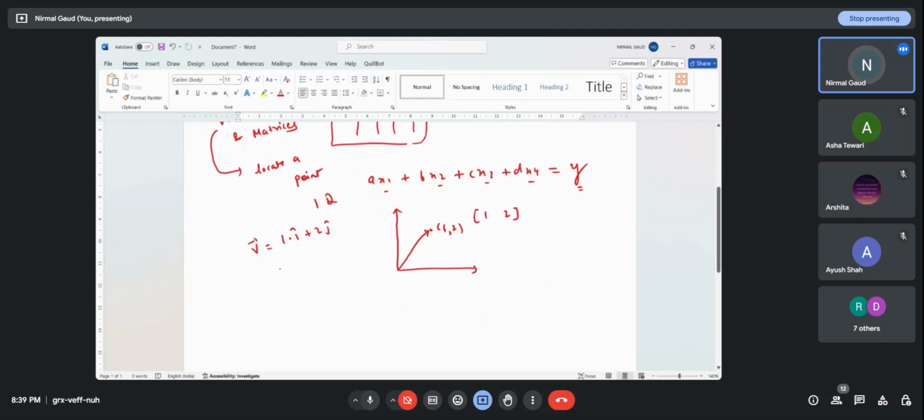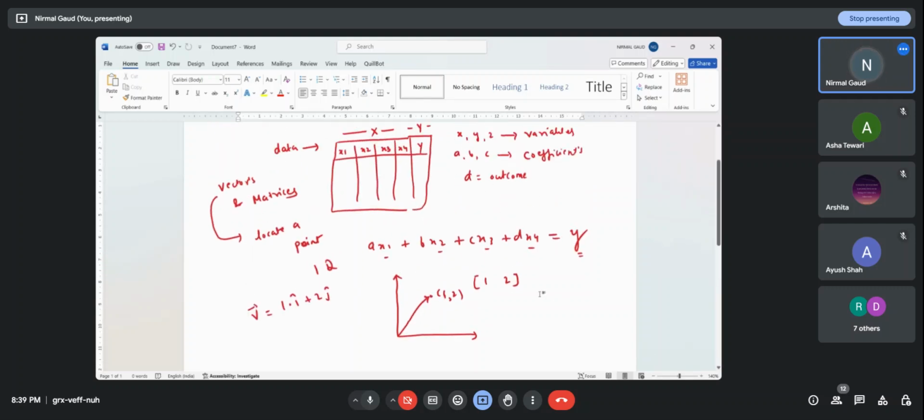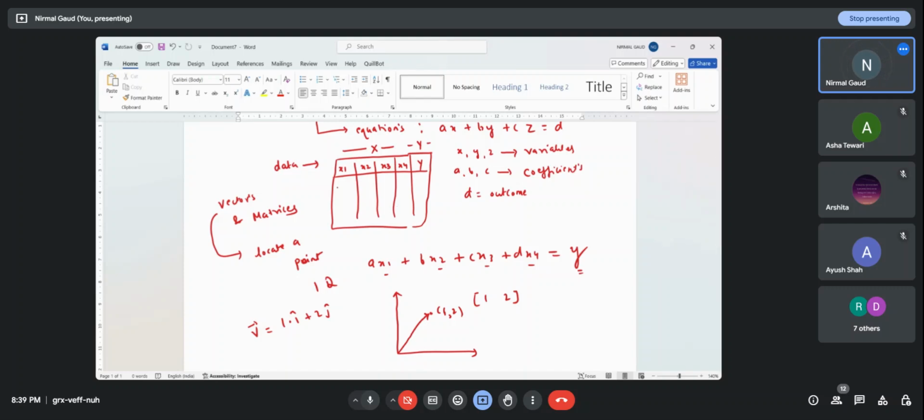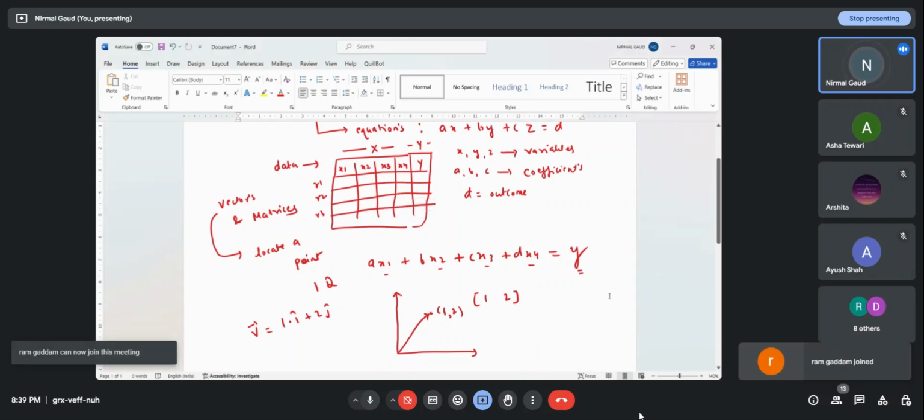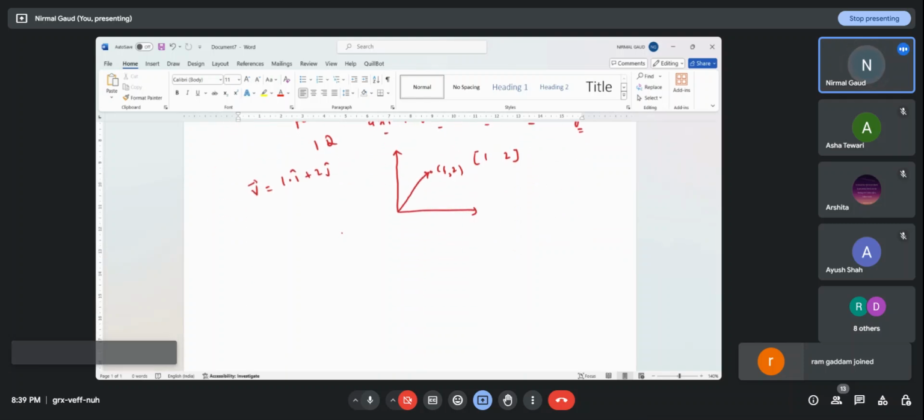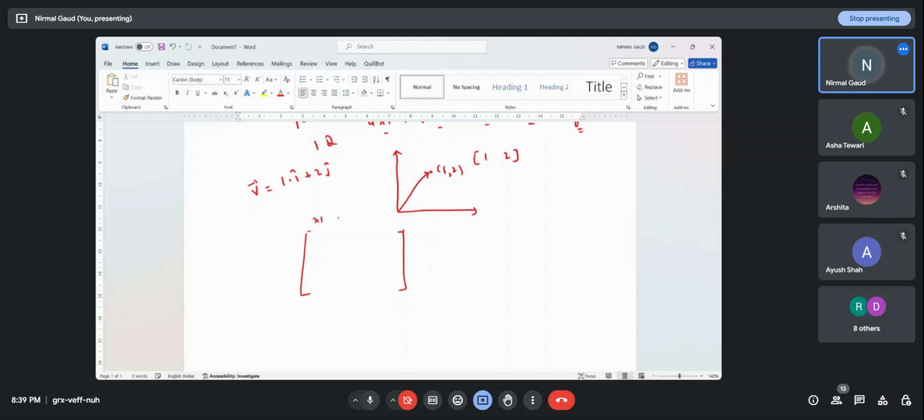However, if I talk about the matrix, here is your data. This is row number 1, row number 2, row number 3. You have to consider these rows and write them in the form of a matrix like this: x1, x2, x3, x4, then row 1, row 2, row 3, row 4.